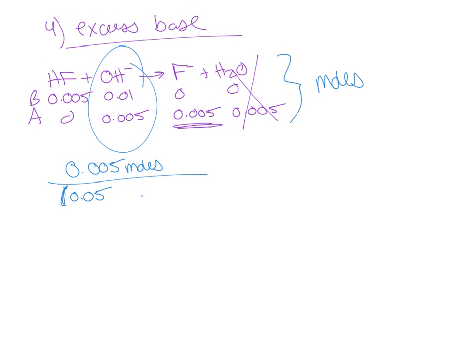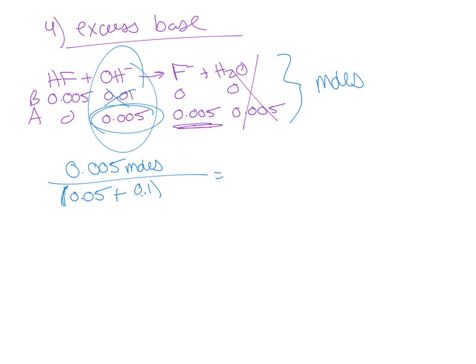So let's do 50 plus 0.1. And this is how I get my moles of base. Not my total moles of base, but my moles of excess base. What's still laying around that wasn't neutralized? I've overrun my acid at this point. I've neutralized all the acid and then added more base.